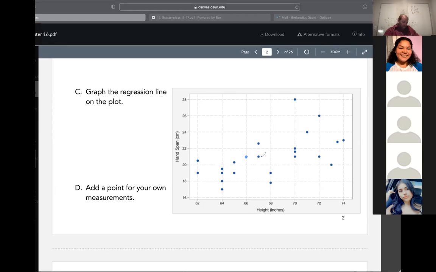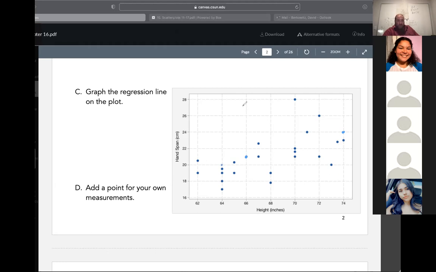And 74 is exactly 24, a nice number. And 64 should be a nice number too, 20.